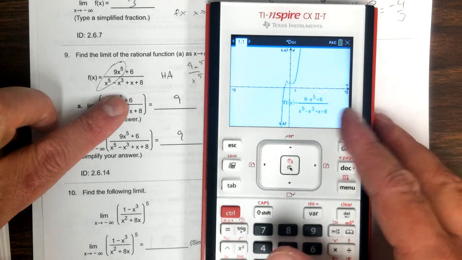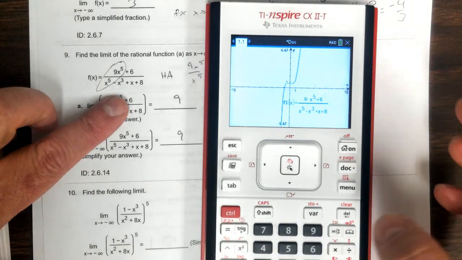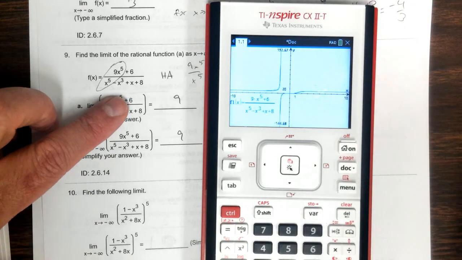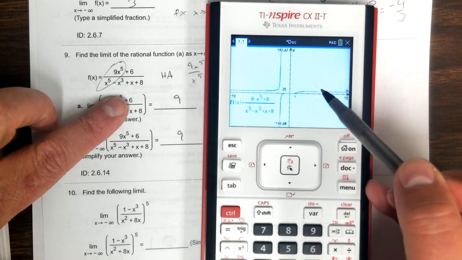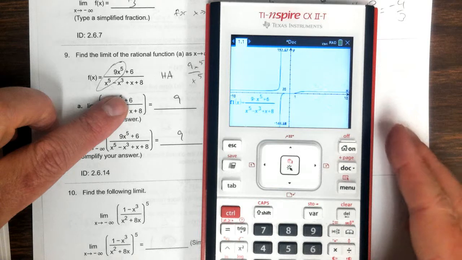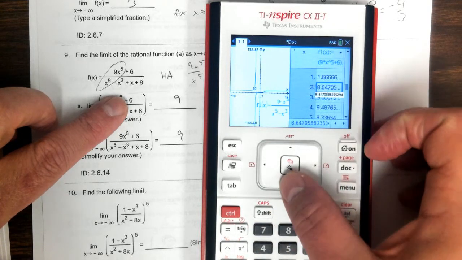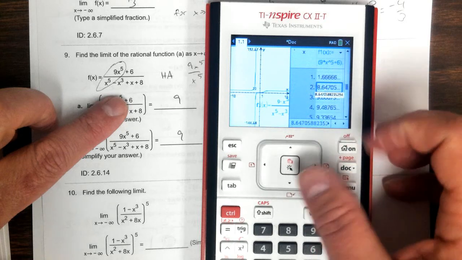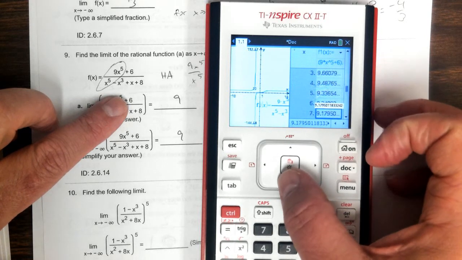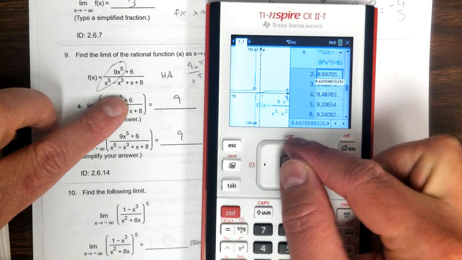It just looks like a curvy function, kind of like an x cubed function, but if I do my zoom fit, you actually see you're going to have an asymptote. And if we look at our table, these numbers are close to 9. It's 8.65 basically, and 9.66, and then going down. So these are 9 from both the left and right.